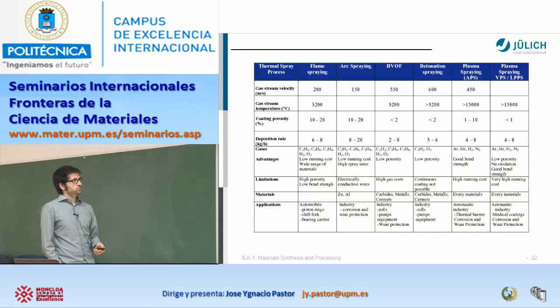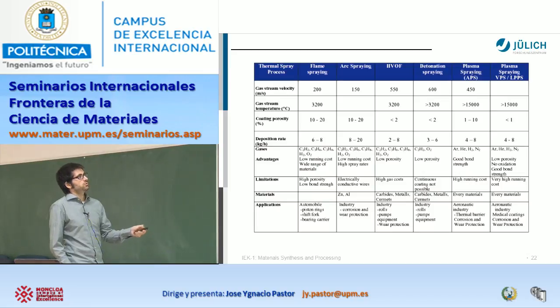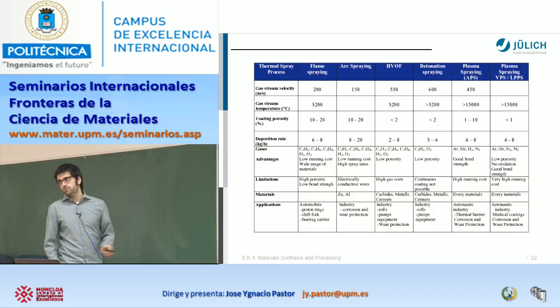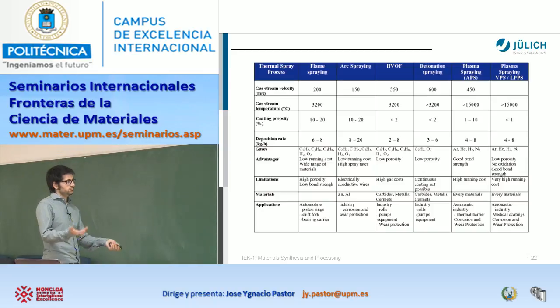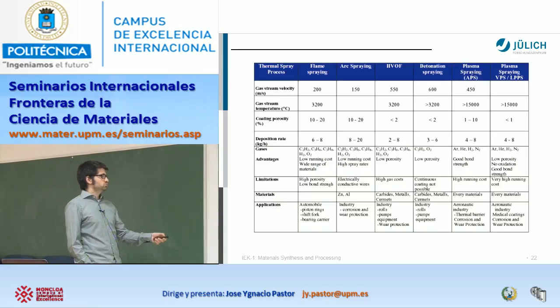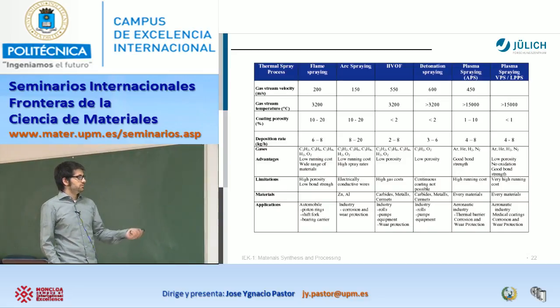You should choose between the possible techniques. As you see, this one is more for high temperature, this one more for lower temperatures. But then, if we use lower temperatures, we will use higher velocities. Okay, it's a combination. Advantages here, well, I don't want to read the table because you have it here and you can consult it.